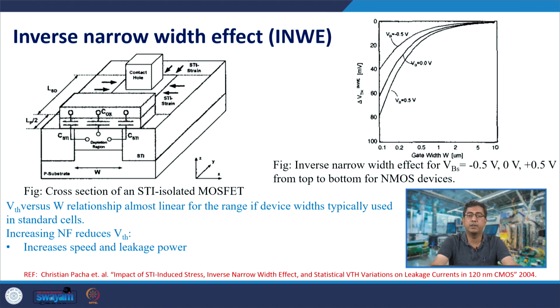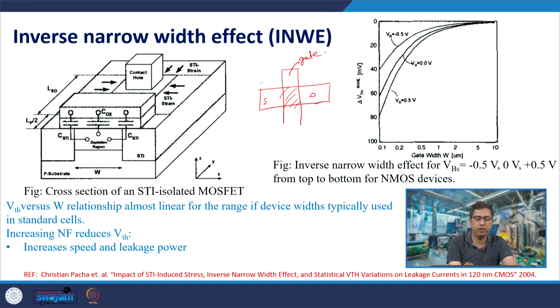So, these days, with shallow trench isolation based technology, each device is isolated by a shallow trench isolation which surrounds the device from all the sides: source, drain and gate. For example, if this is the simple concept diagram of a layout of a device, this is the device, this is gate, source, drain, then shallow trench isolation you will find to be present all around the device.